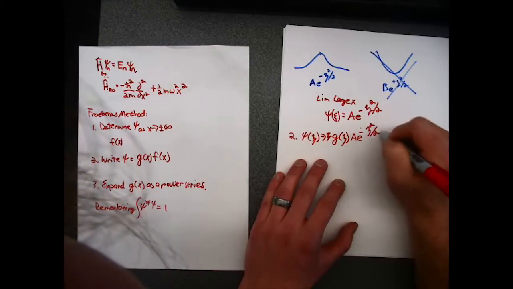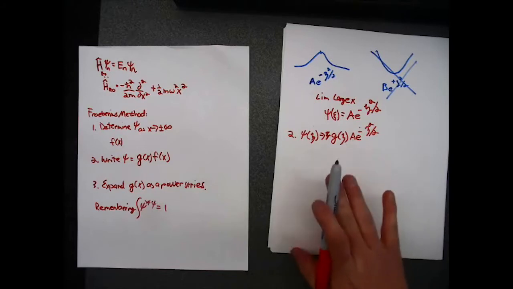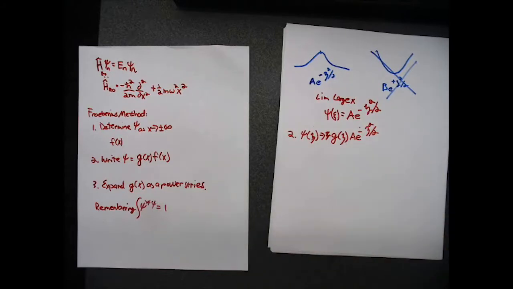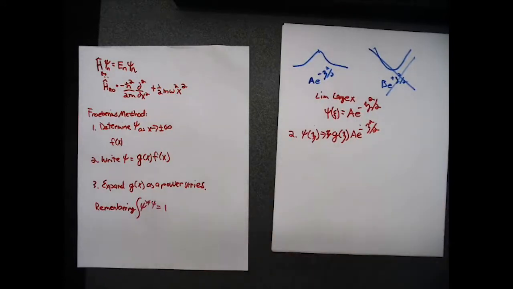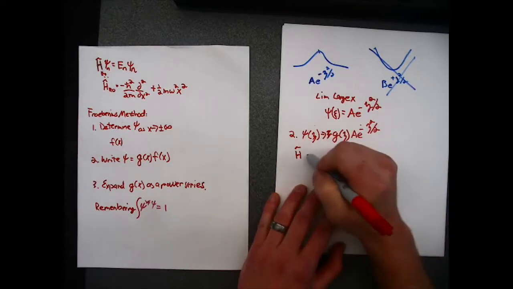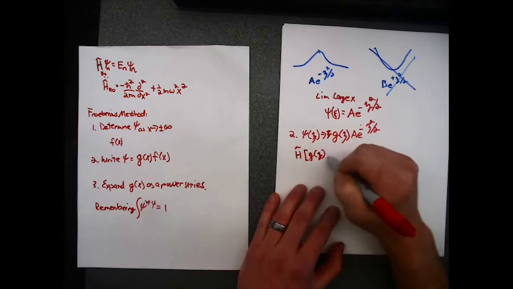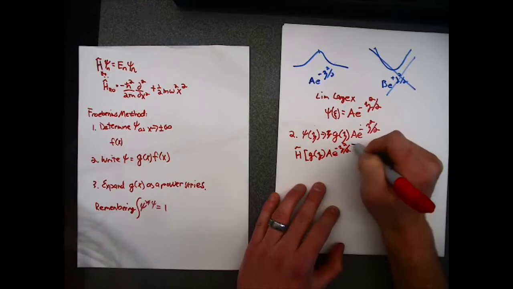So we have our function that's how it behaves non-asymptotically times its asymptotic behavior. And now we're just going to put this into our Hamiltonian. So we're going to write what happens when we operate on g of c a e to the minus c squared over 2. What does that look like?